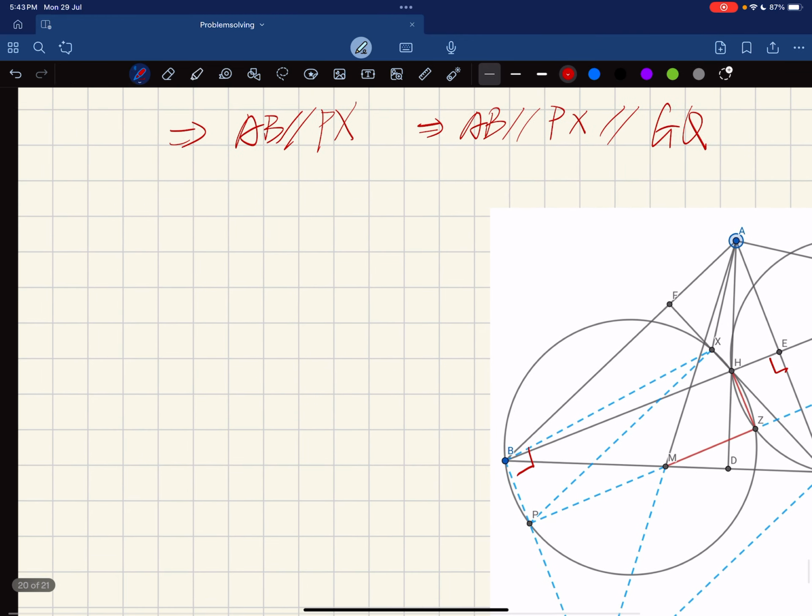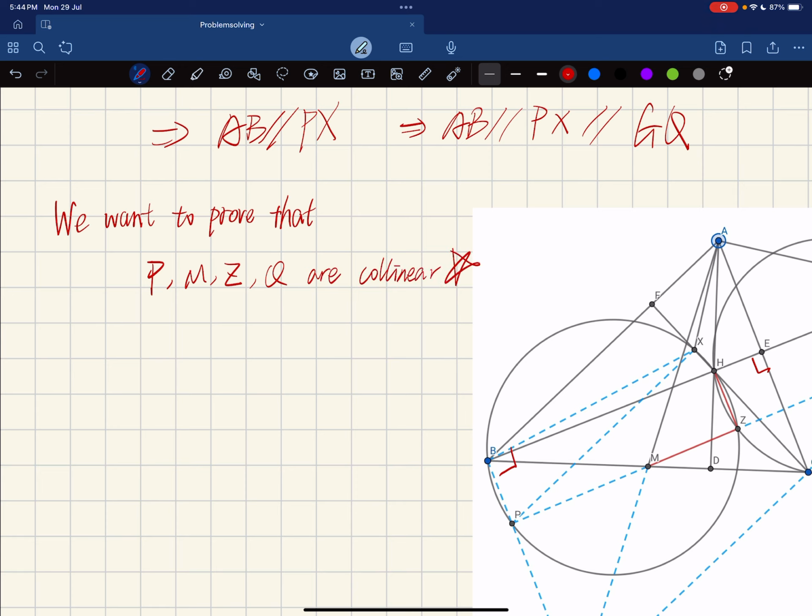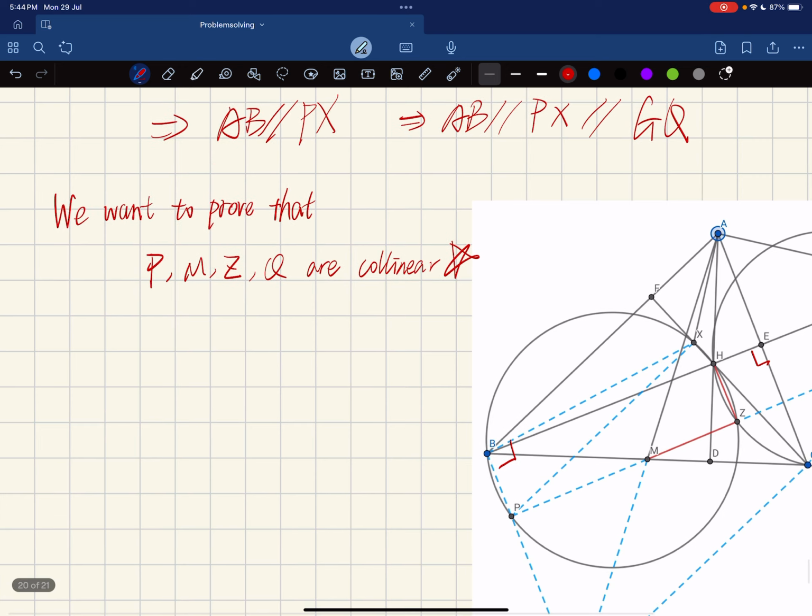That is required. So what we want to prove is that the points P, M, Z, and Q are collinear. Once we got this, then the problem is solved.